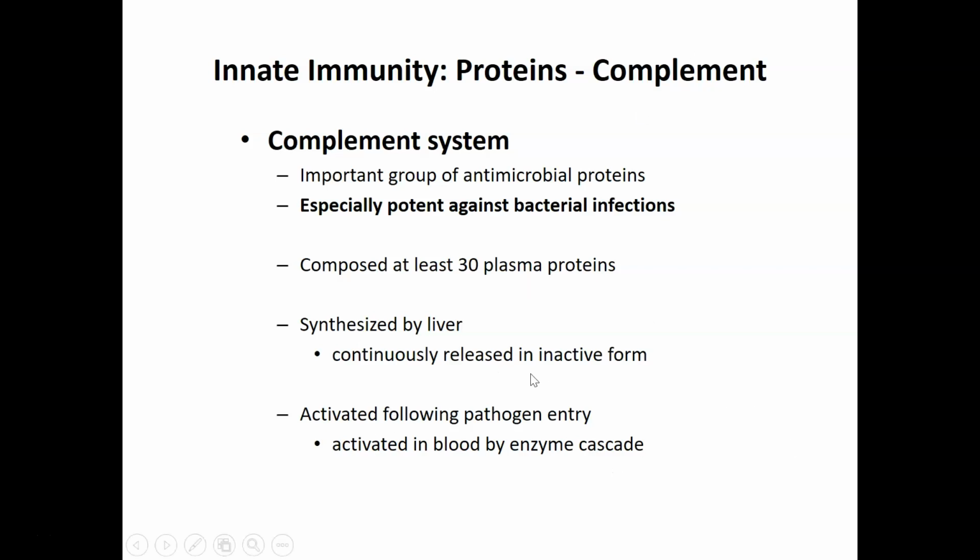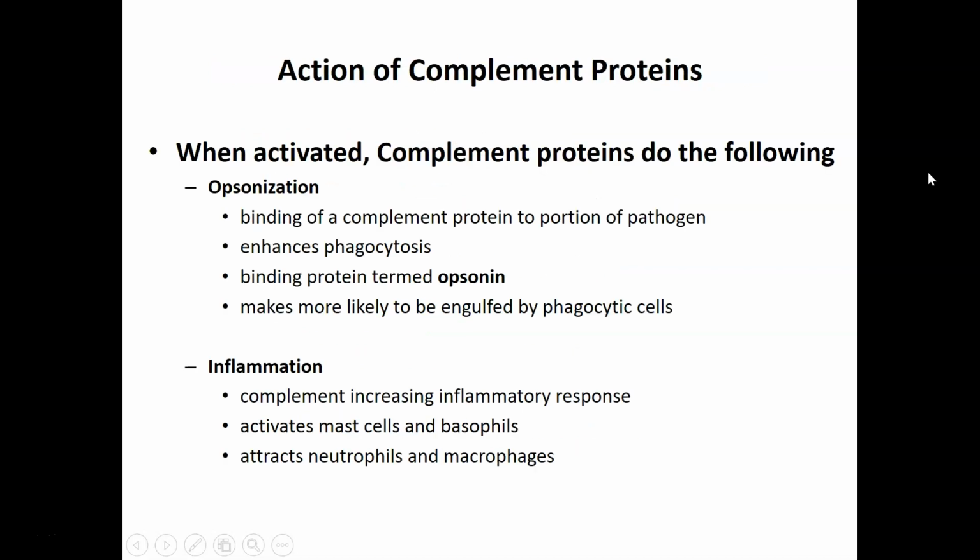And when they're switched to active form, then you have this set of complement proteins now that are going to carry out a bunch of actions to help to battle a bacterial infection. So what are those actions? They're listed on this slide and the next slide, and then illustrated on the final slide. One action of complement is to coat the pathogen.